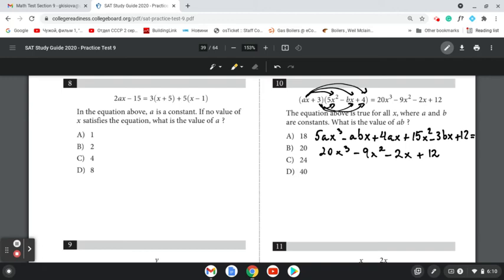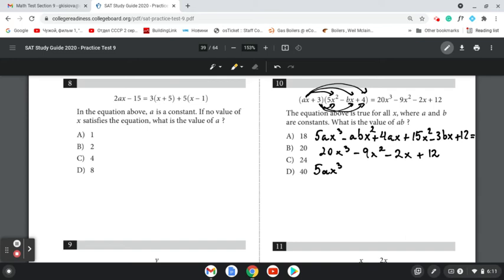I don't have like terms on the right side. I do have like terms on the left side. So what I'm going to do in the next step is put that left side in order, meaning in order of the highest to the lowest exponent. So I'm going to start with the cube, of course, and then, sorry, here I have a square that I forgot.